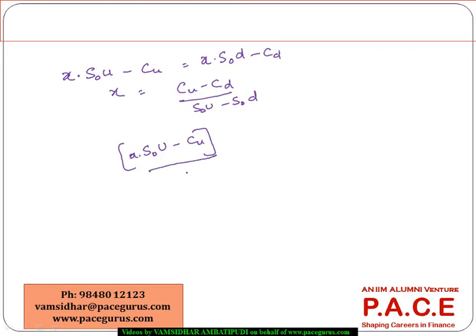If I try to find out the present value of it, this is the present value of the worth of the portfolio. This should be equal to the cost of setting up the portfolio. What is the cost of setting up the portfolio?